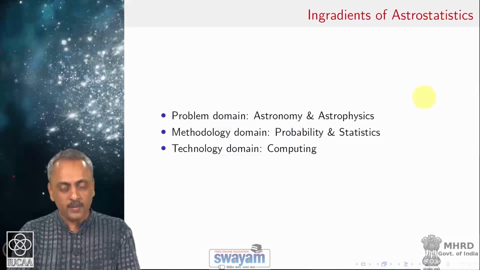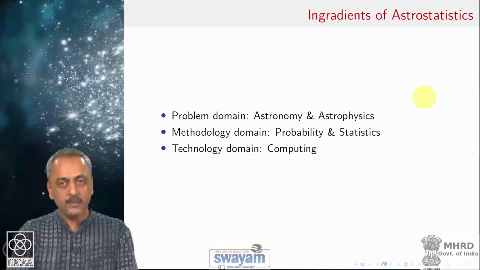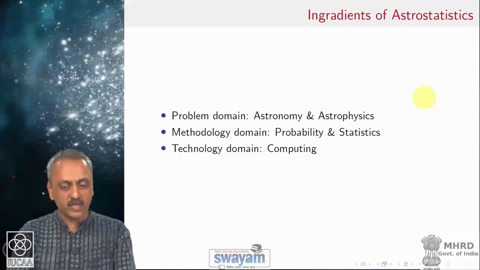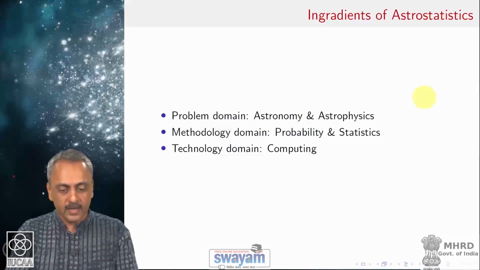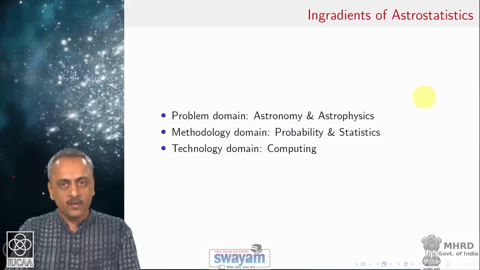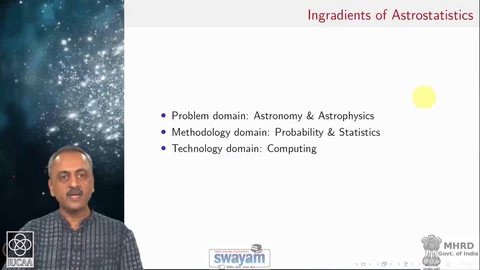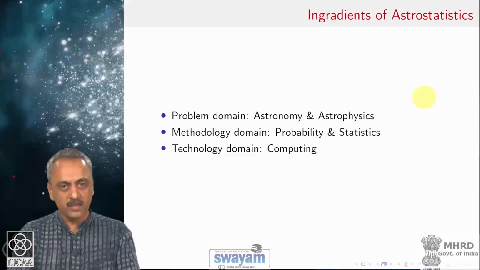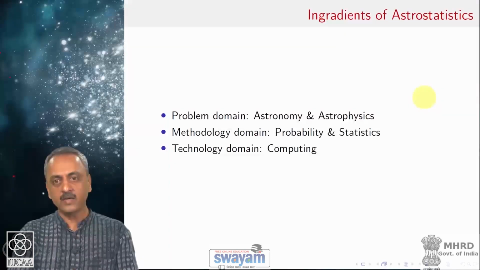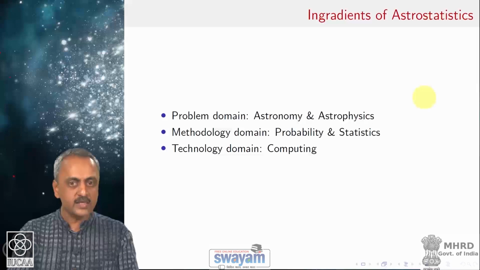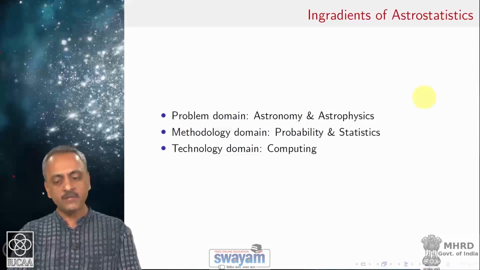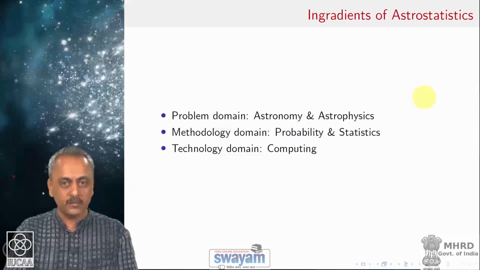The methodology domain that we talk about is primarily probability and statistics, or statistical inference, if I may put it that way, and this is primarily because we are dealing with data, and the data have got uncertainties in it. We can't exactly gather data which is infinitely precise. If we had infinitely precise data, we would not have bothered to invent probability and statistics in the first place.